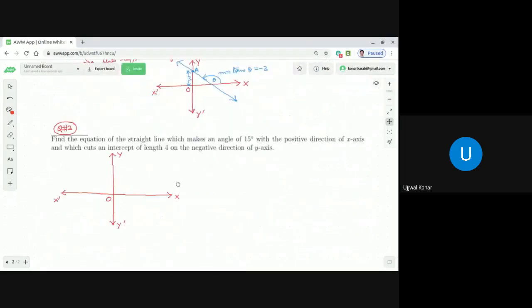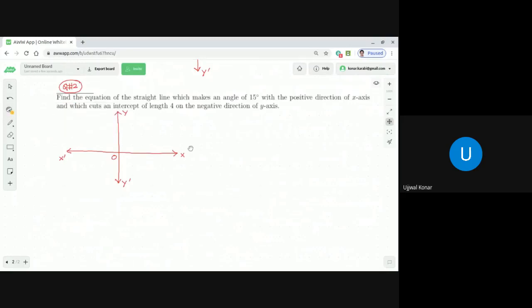So let me draw in the same color, so that later you can make a one-to-one correspondence. So this is our straight line, which makes an angle of 15 degree with the positive direction of x-axis. And if you see the intercept, dear students, let me write the origin here, and this is the point A, and this length is actually 4 units in the negative side of the y-axis, minus 4.